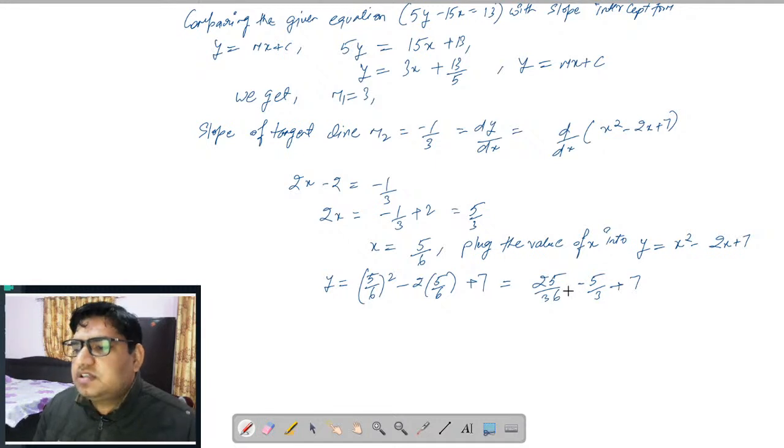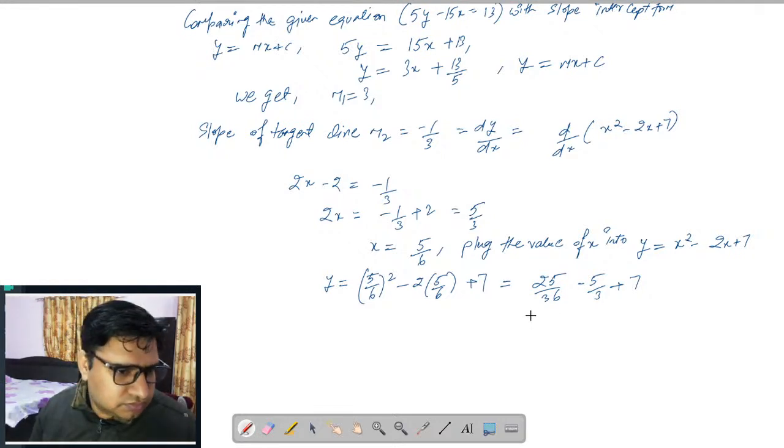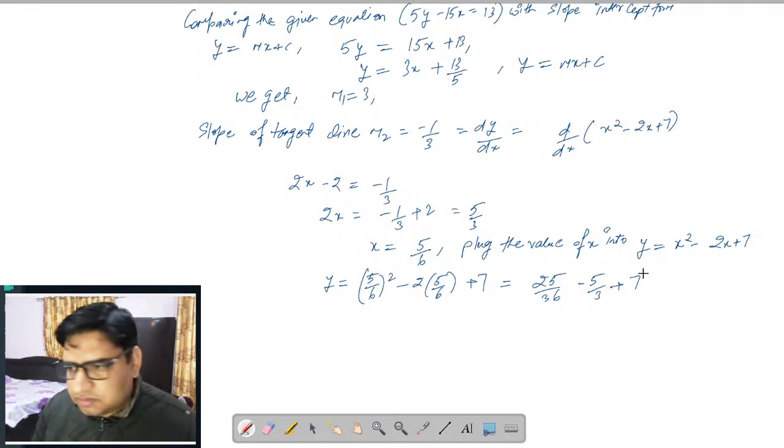And if you solve this, how much will it be? 36 into 7, something more than that. Let's see how much it is. So that is 217 by 36.